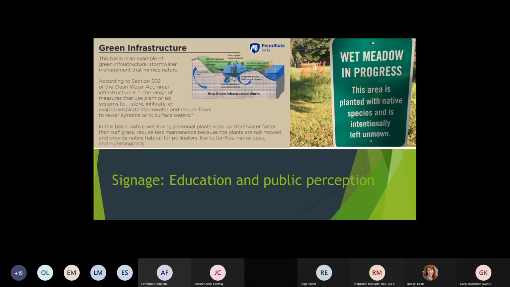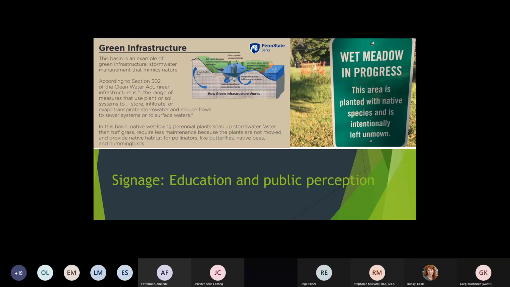The other thing is that the basin is left to overwinter in its natural state. So there are standing stalks, there's leaf litter, and that all provides habitat for those beneficial insects that I talked about earlier. So it was really important to tell the public that this was part of the plan.